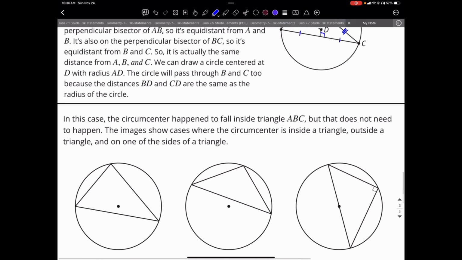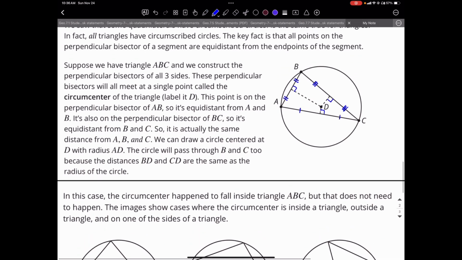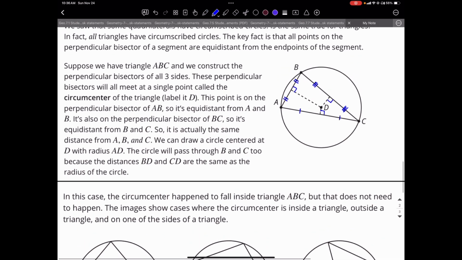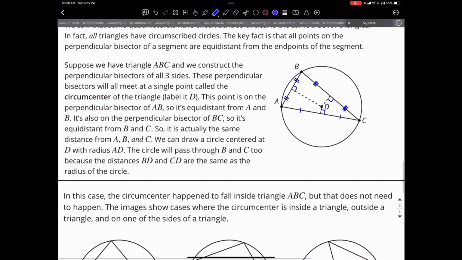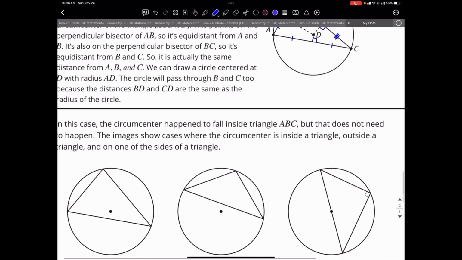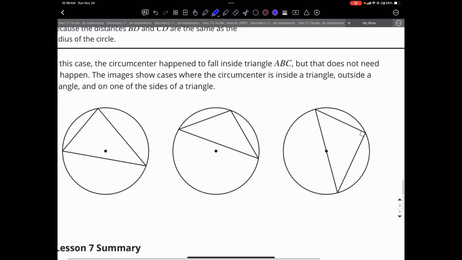In this case, the circumcenter happened to fall inside of triangle ABC, but that does not need to happen. The images show cases where the circumcenter is inside a triangle, outside a triangle, and on one of the sides of a triangle. So this is going to be important too.